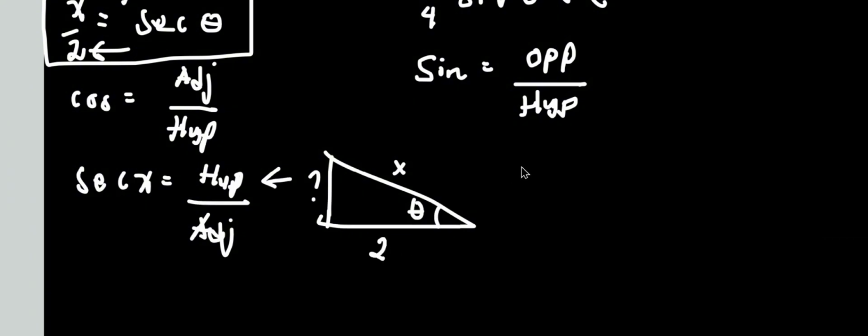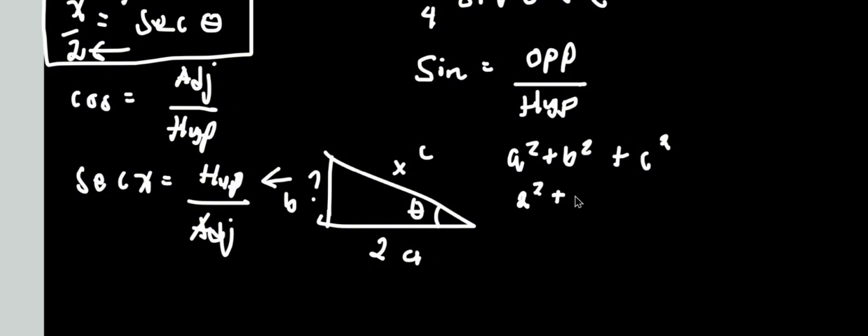So since this is a right triangle, Pythagorean theorem. So a squared plus b squared equals c squared. So this is b, this is c, this is a. So yung a natin is 2. 2 squared plus b squared, which is yung unknown, is equal to c squared, so our c is x.